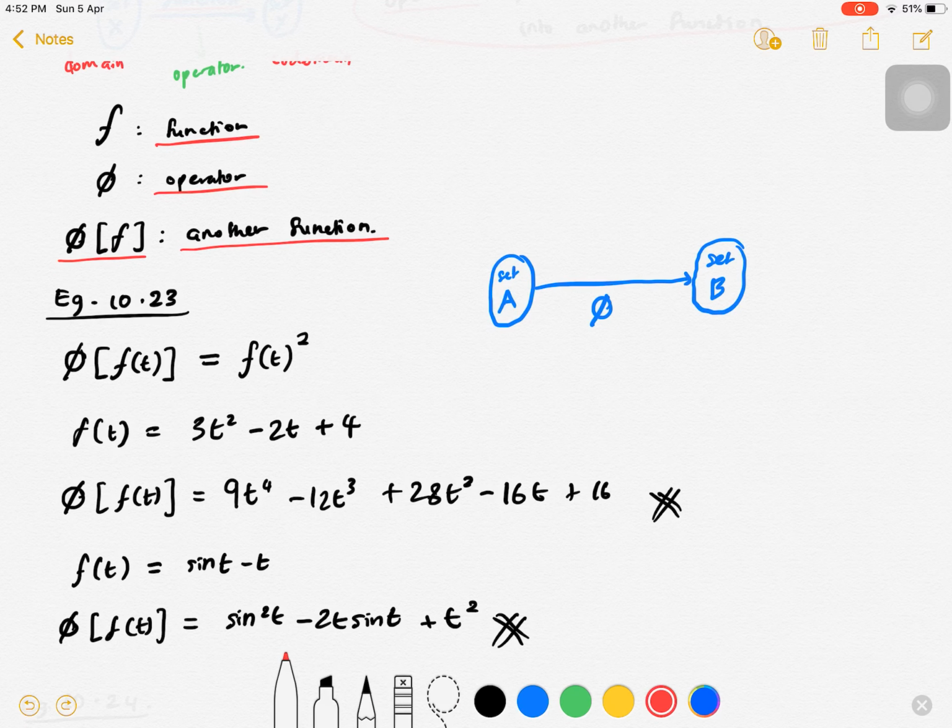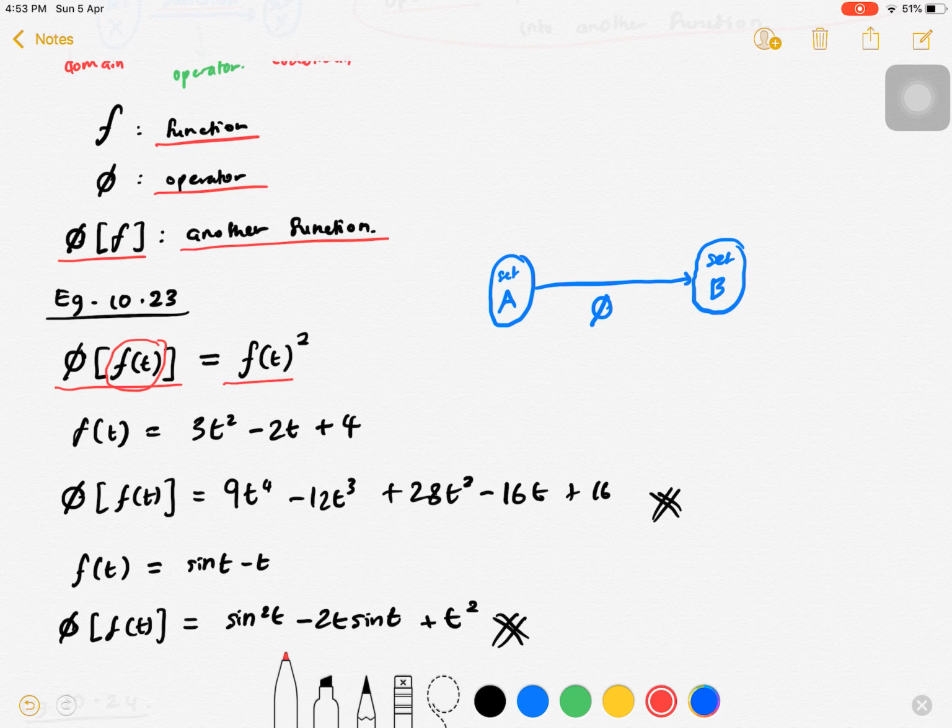So we want to learn about how an operator works. We have a form like this, where one function is going through an operator, which is actually a function as well, but an operator, like I said, is a function that changes one function into another form of function.